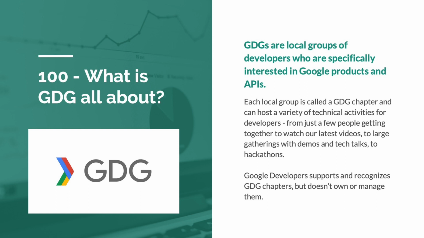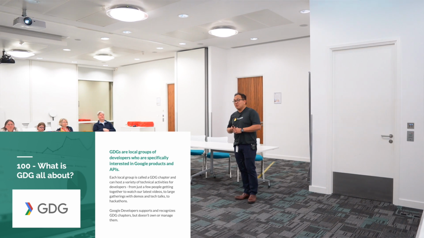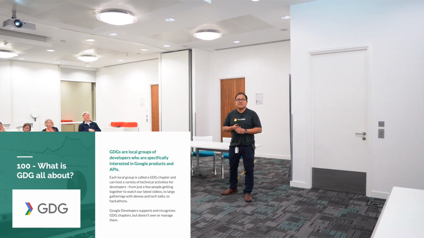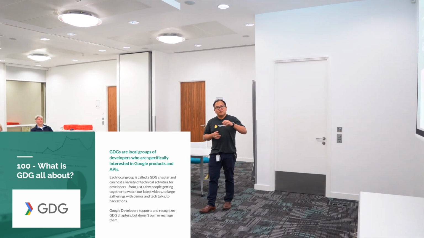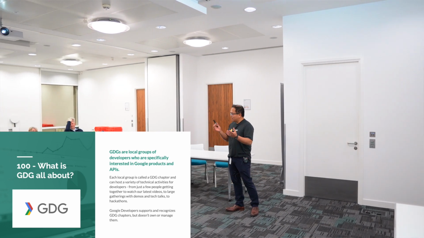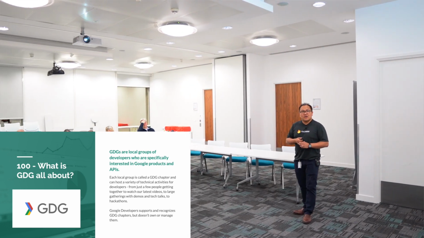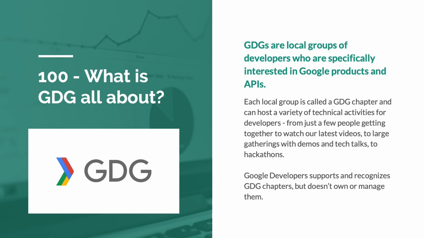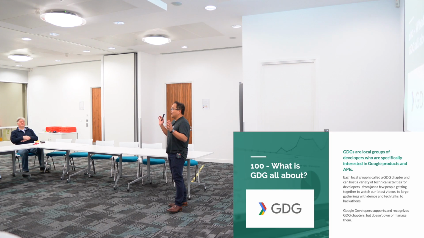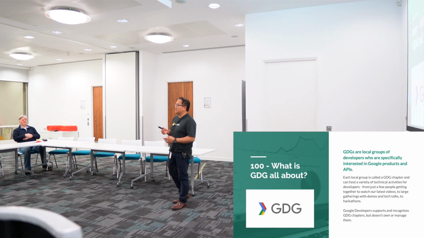Each local group is called a GDG Chapter, and we host a variety of technical activities for developers, from just a few people getting together to watch videos, to large gatherings where we have demos, talks, etc., and hackathons, things like that. Google Developers supports and recognizes GDG chapters, but it doesn't own or manage them, and this is really crucial to understand. We're all volunteering, effectively.